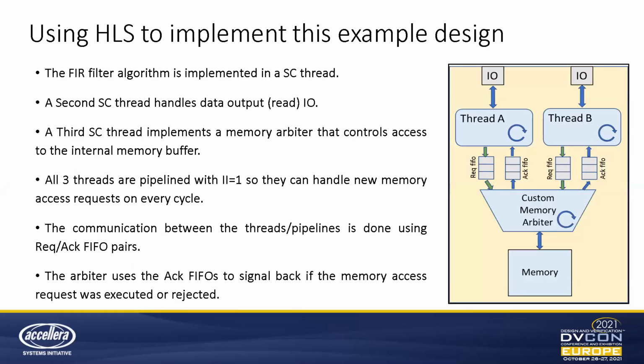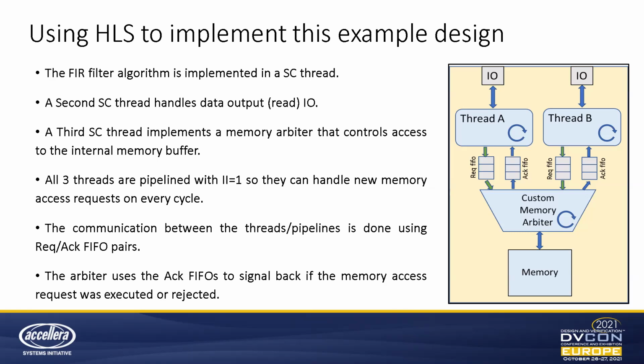So to implement our example design using Stratus HLS, we have a first SystemC thread that implements the filter logic, a second SystemC thread that handles the data read IO requests from the other modules in the system, and a third SystemC thread that implements the memory arbiter logic itself.